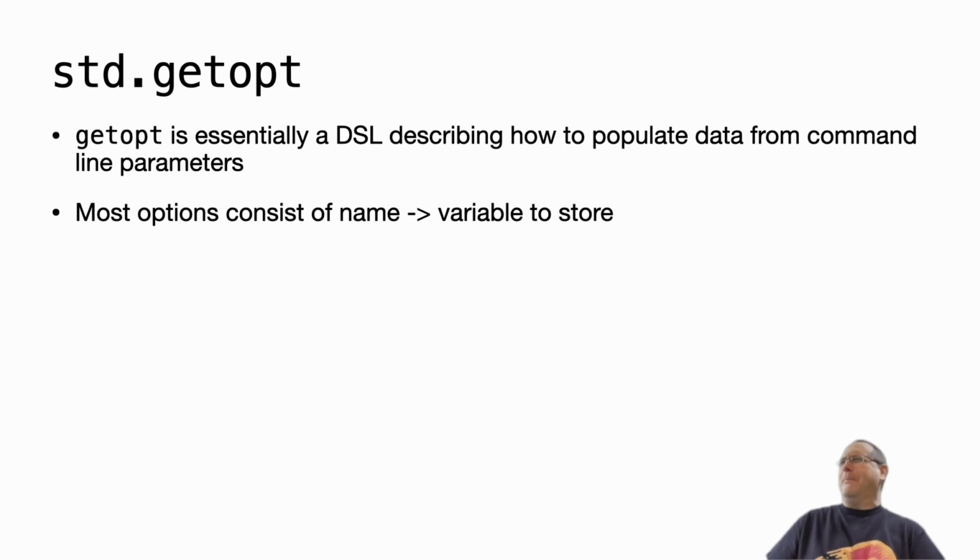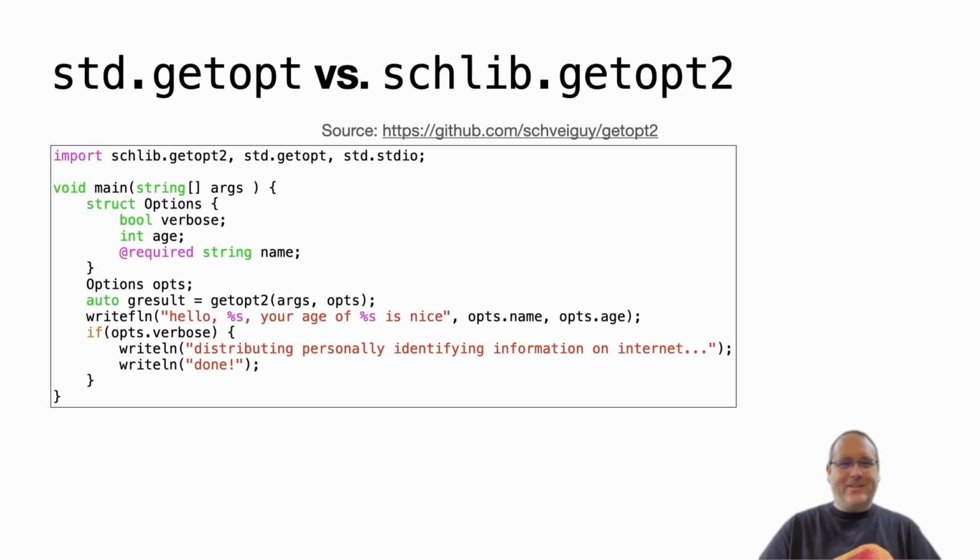If only there was some structure that would have variable names assigned to values. Oh yeah, that's right. We do have that. It's called a struct. So instead of using the model that you built based on function calls, let's build the actual model, right? The actual model is easy to understand. Here I have a struct options, which has verbose, age, and name all in there.